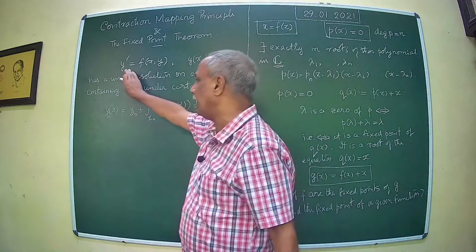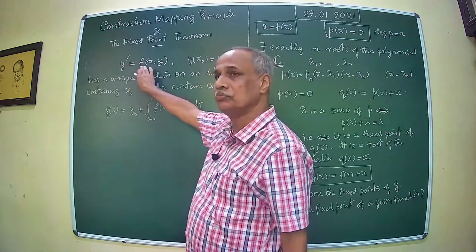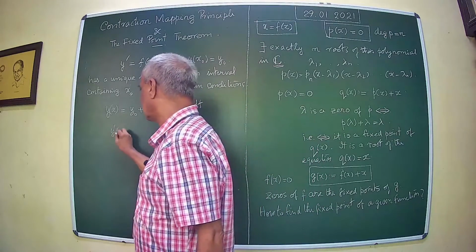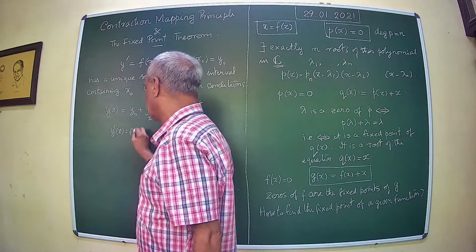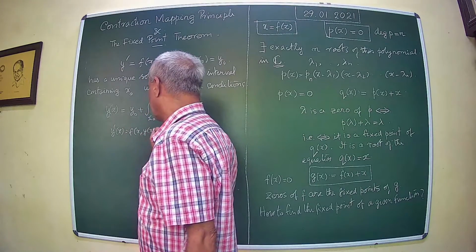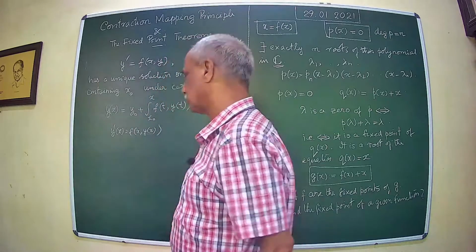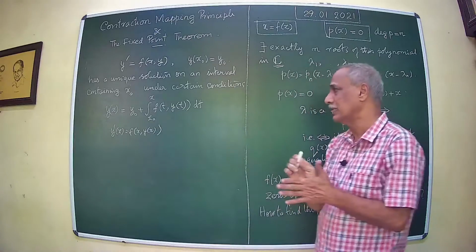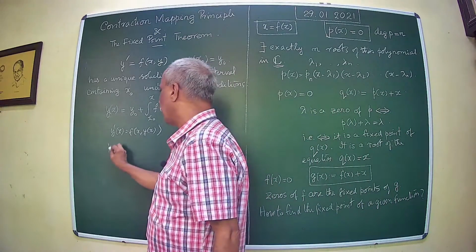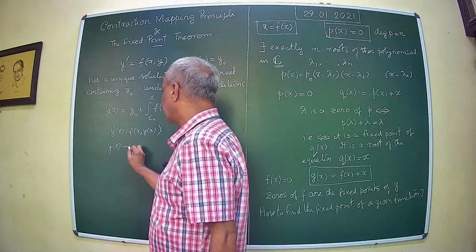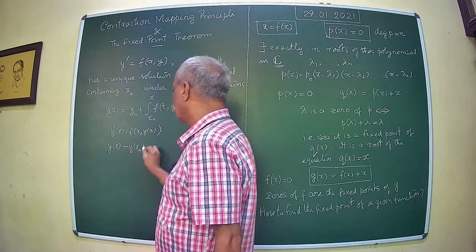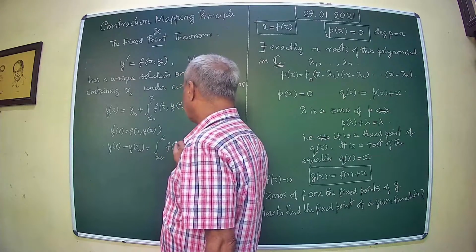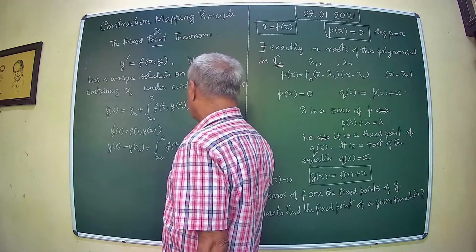Then I have y'(x) equal to f(x, y(x)). What I am doing is I am just integrating. If I integrate on both sides from x naught to x, what I get would be y(x) minus y(x naught) equal to the integral from x naught to x of f(t, y(t)) dt.